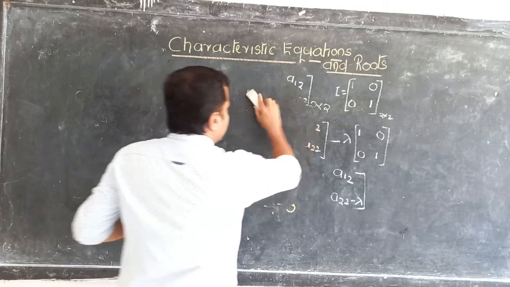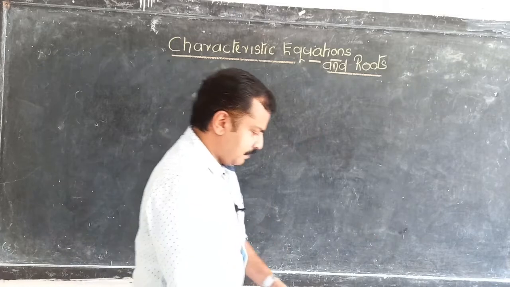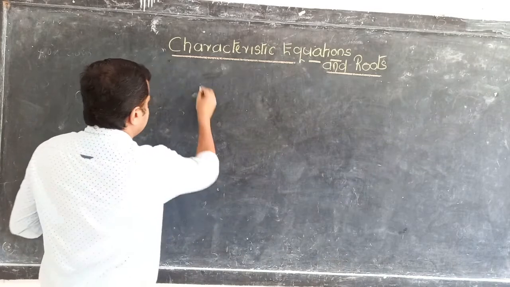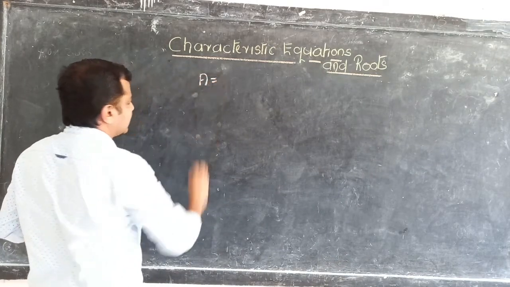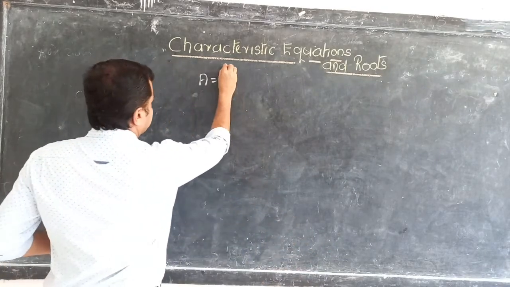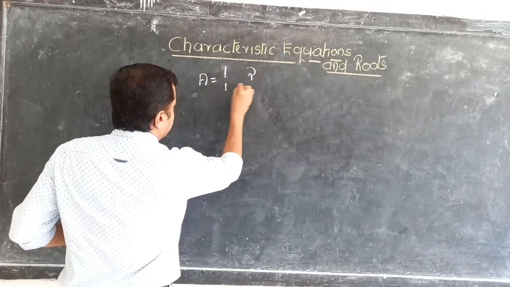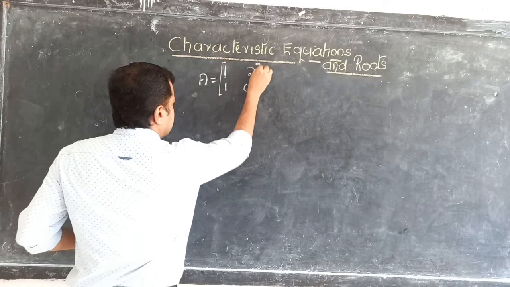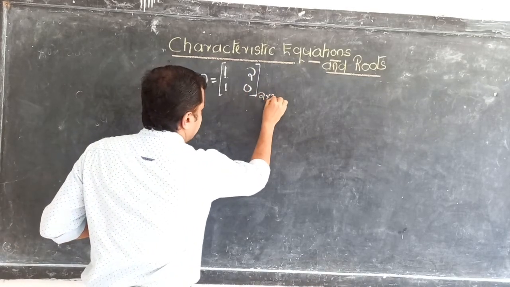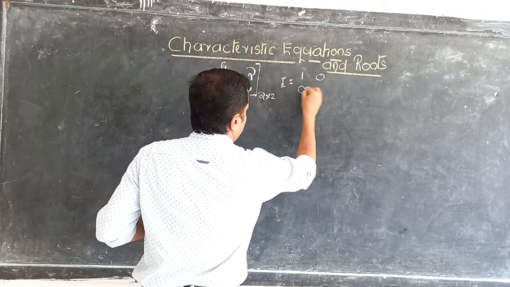Now we will put a numerical example to have a better understanding of this concept. Let me have a 2 by 2 square matrix; we will obviously extend our case to a 3 by 3 case. Let me have a matrix like this: 1, 2, 1, 0, a very simple 2 by 2 square matrix, and an identity matrix of the same order, 1, 0, 0, 1.